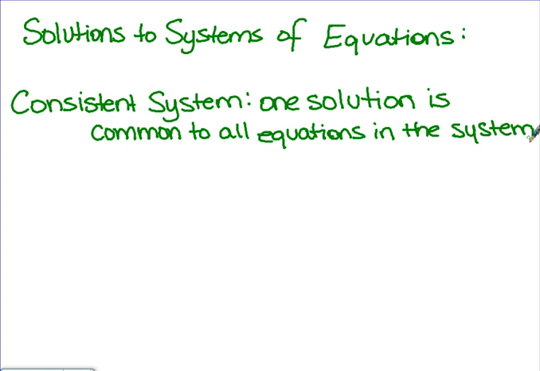When one solution satisfies both equations, okay, meaning the lines cross at one point, it's a consistent system. All right, so if we want to write underneath this that the lines cross at only one point, that would be helpful for us to determine if it's consistent or inconsistent. All right, so the lines cross at only one point.